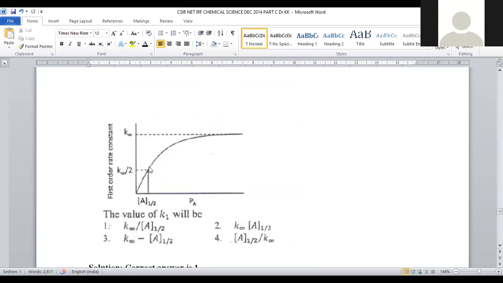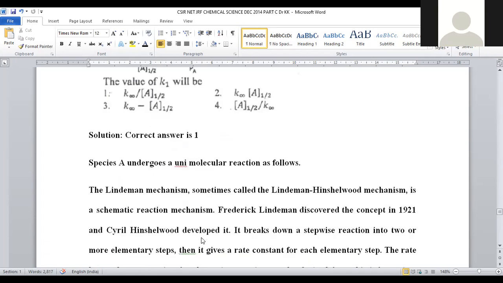If we take the point on this hyperbola where the pressure got halved, consequently k infinity also got halved. That is the reason why, to calculate the k1 value, we have to take the ratio of these two, k infinity by 1 by 2. This ratio will become k1. Let us see the detailed description of this equation.